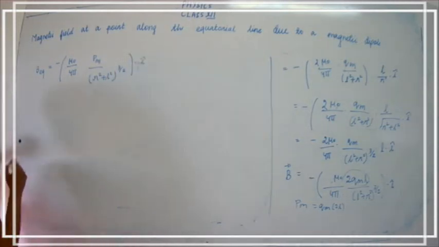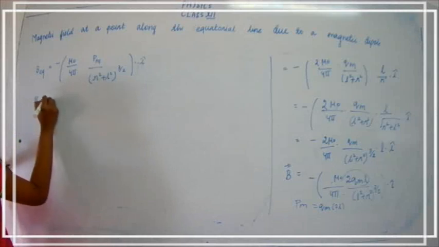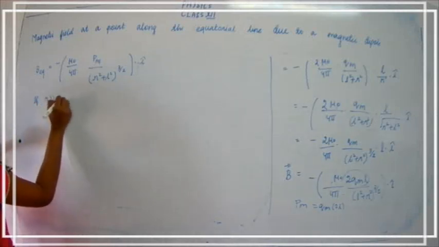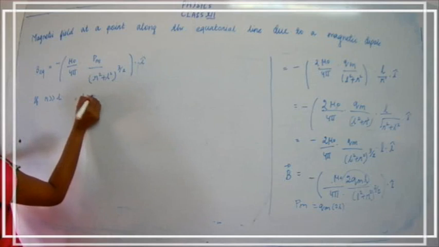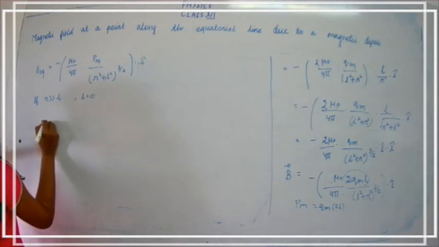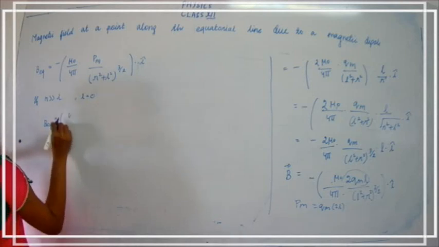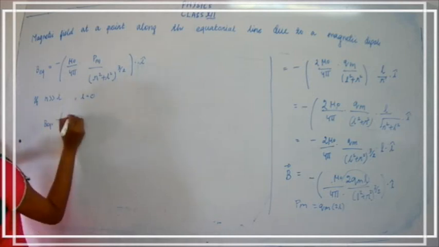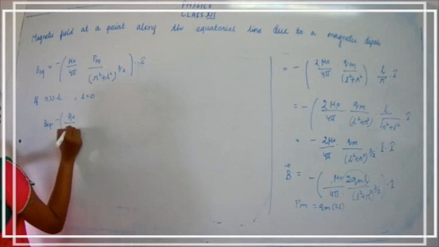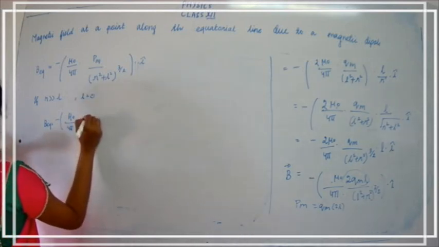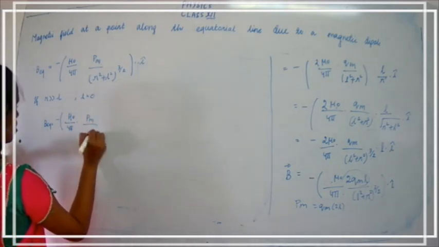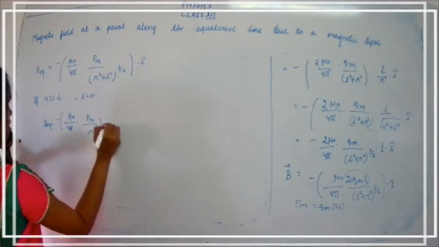If r is very much greater than L, then L becomes 0. So B equatorial is equal to minus mu naught by 4 pi into Pm by r cube into I cap.